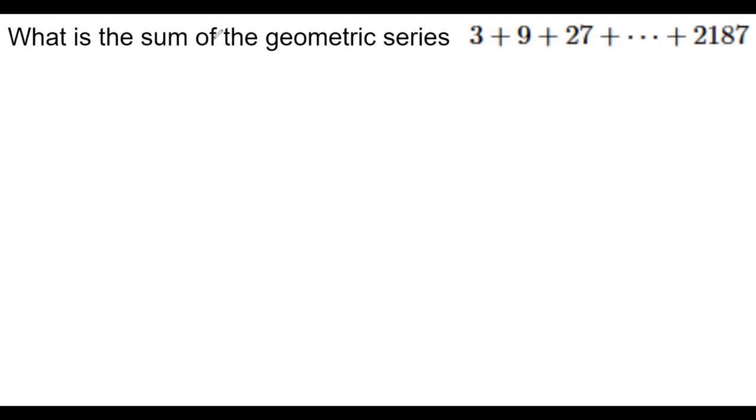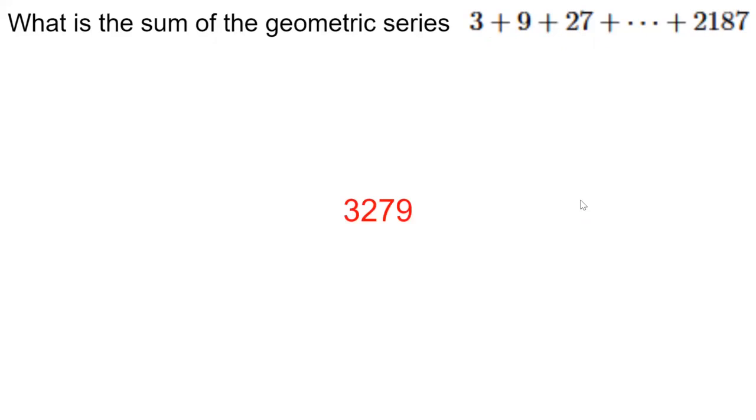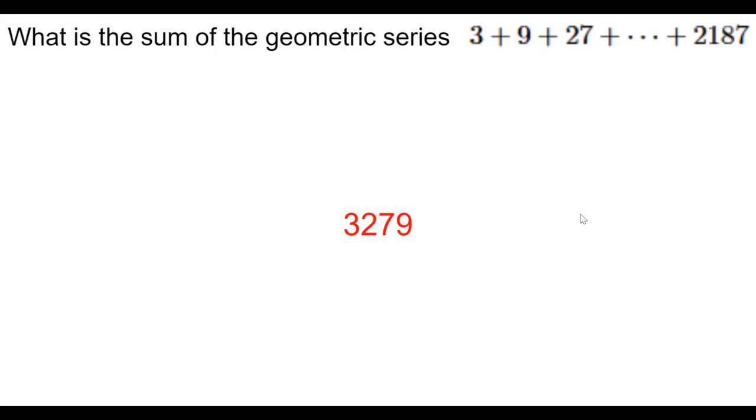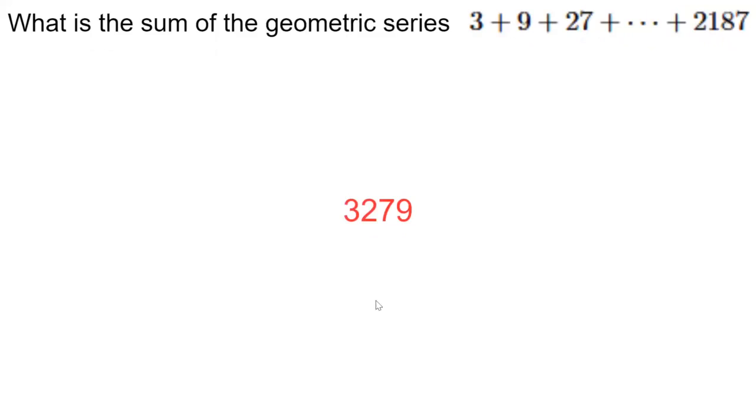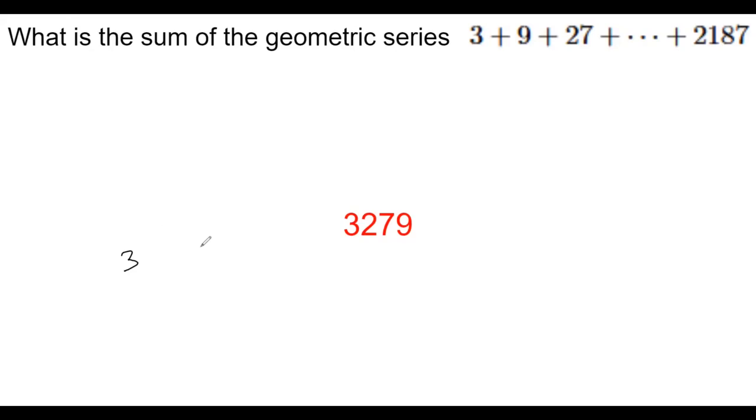All right, well, I think that we can discuss the answer to this problem. It's 3279, and if we go back to what we learned earlier, it's equal to the next term minus the first term over r minus 1.